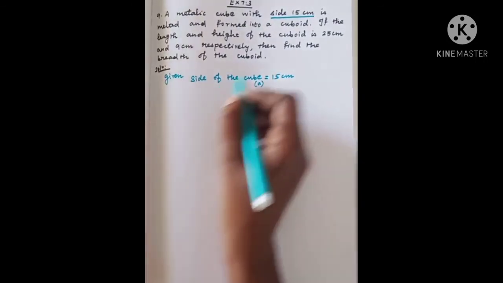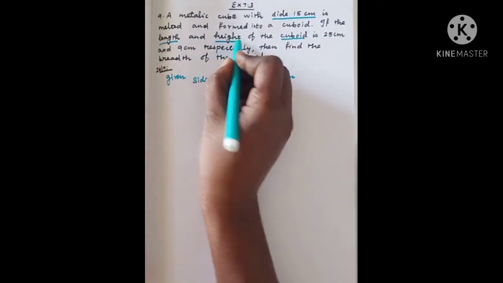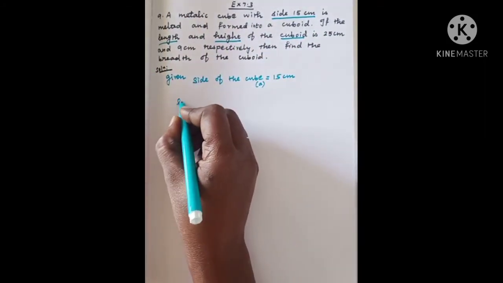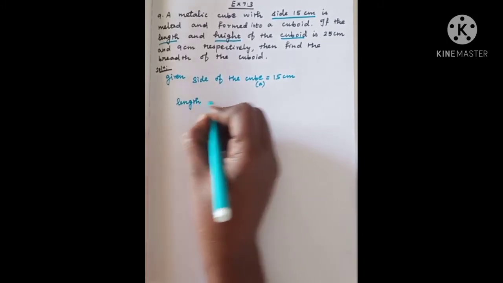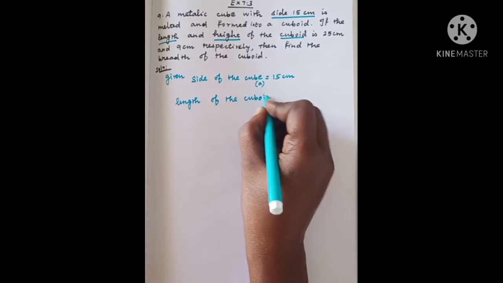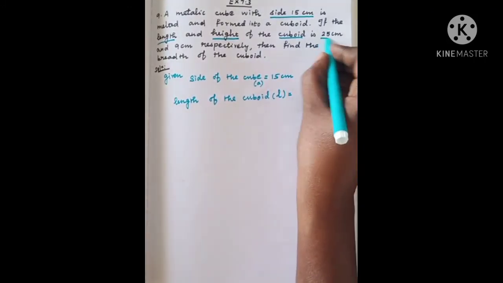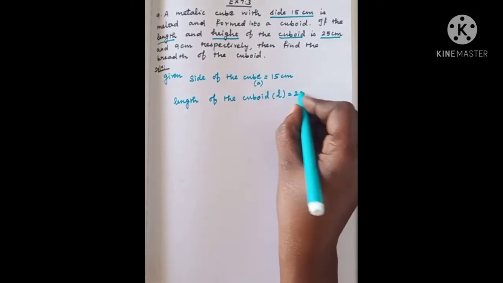And for cuboid, the length and height are given, isn't it? The length of the cuboid is taken as L. Length of the cuboid is given as 25 centimeter.